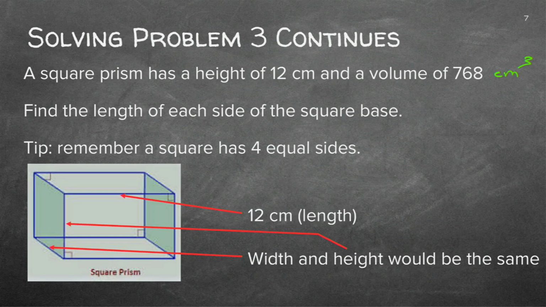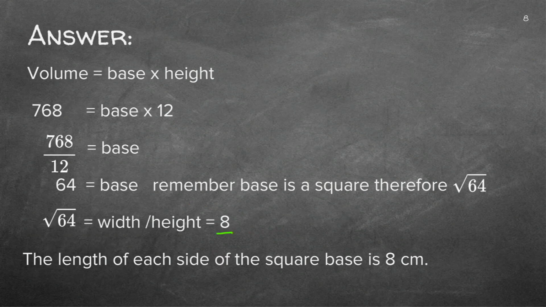So if we want to check our answer, we can do this. We say it is 8 times 8 times 12. So who wants to check our answer to see if it's correct? Okay, so volume then equals length times width times height.